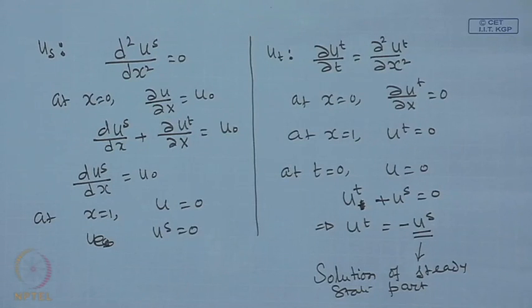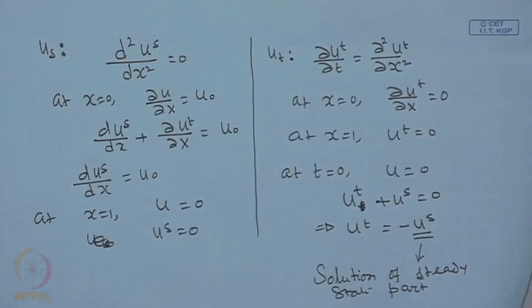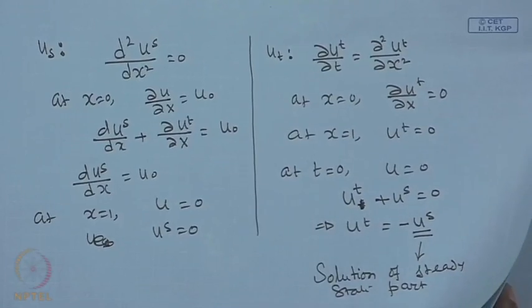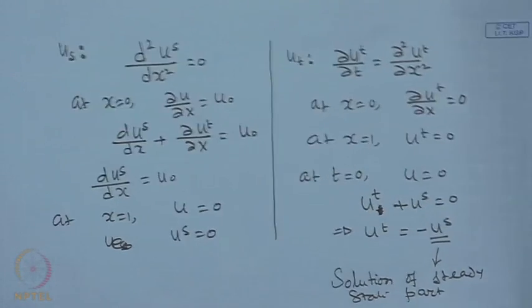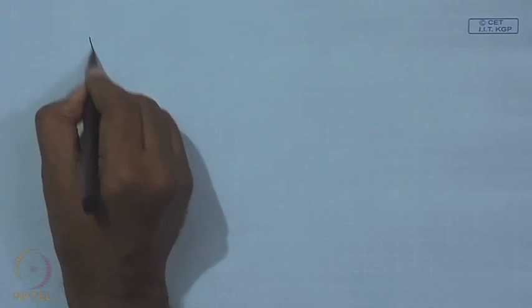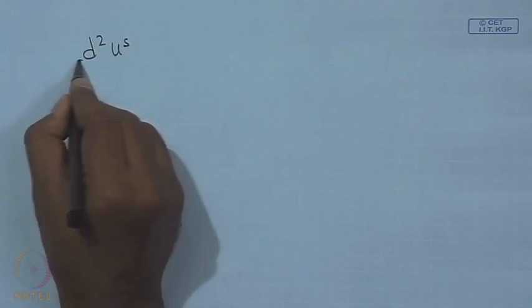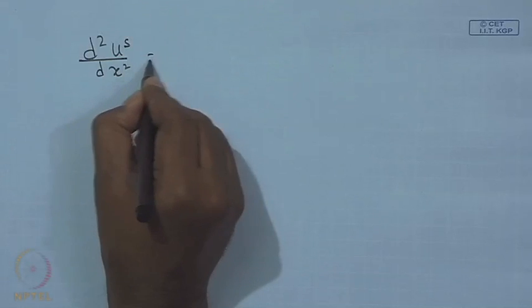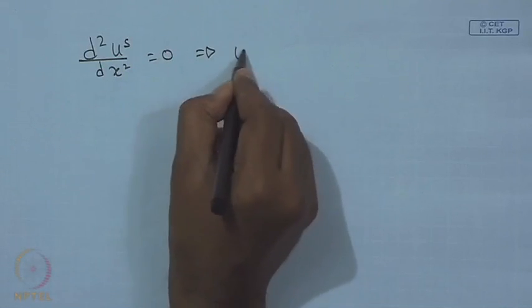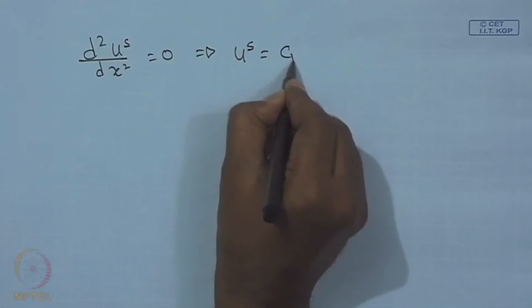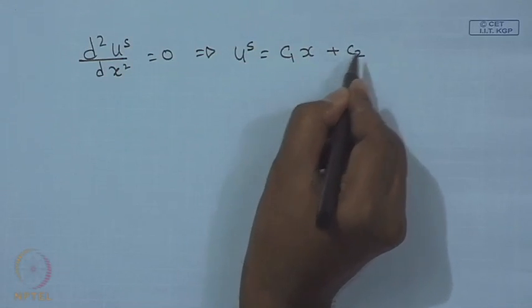Now, let us look into the complete solution to this problem. So, first we will be solving the space varying part. So, it will be d square u s d x square is equal to 0. So, the solution is u s is equal to c 1 x plus c 2.